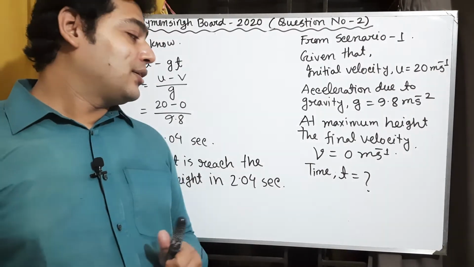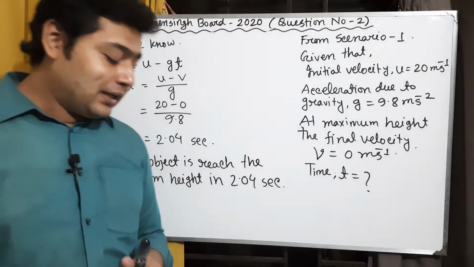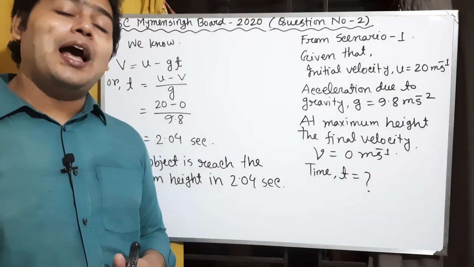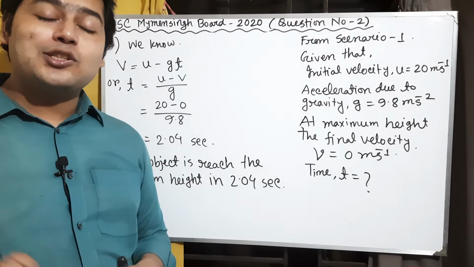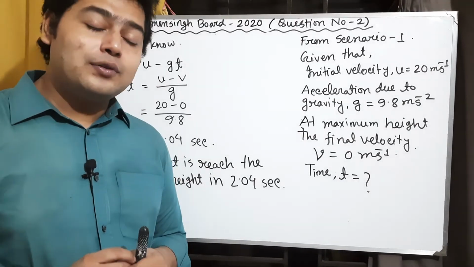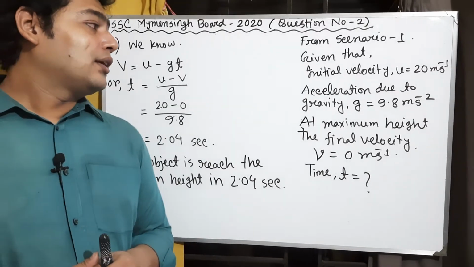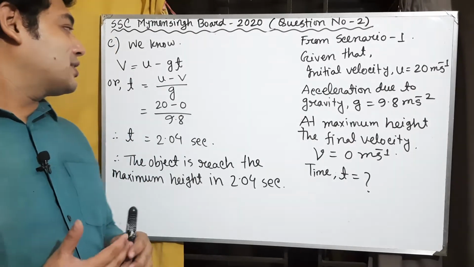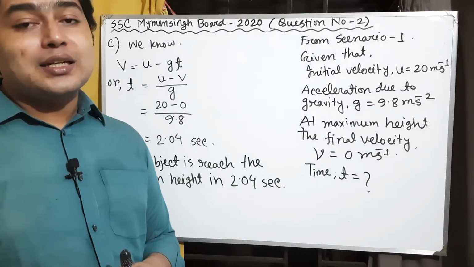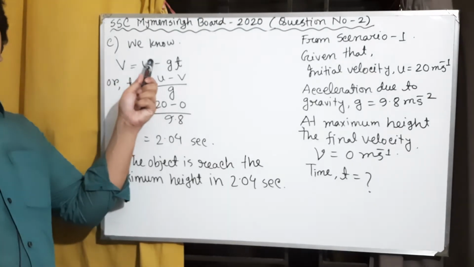We know that the object is thrown vertically upward, so the direction of motion is opposite to the gravitational acceleration. So we can write v equals u minus gt.